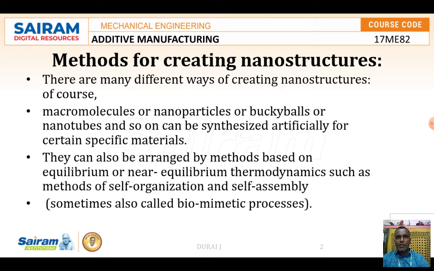They are arranged by methods based on equilibrium thermodynamics, such as self-organization and self-assembly. It is also called a biomimetic process. Using these methods, synthesized materials can be arranged into a useful shape so that finally the material can be applied in certain applications. So this is for methods for creating nanostructures.